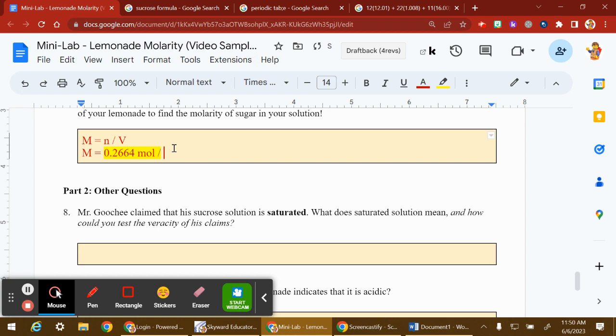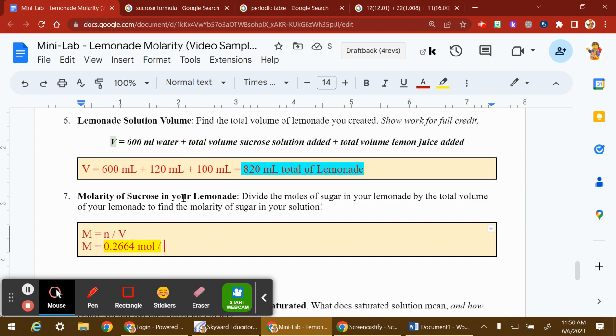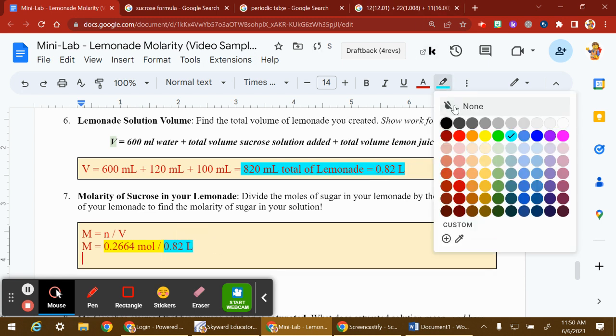Divided by the total volume of my lemonade. It was 820 milliliters, which, divided by 1,000, is 0.82 liters. Make sure we're using liters here.